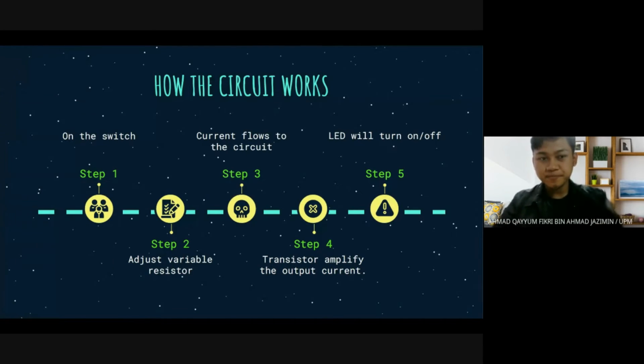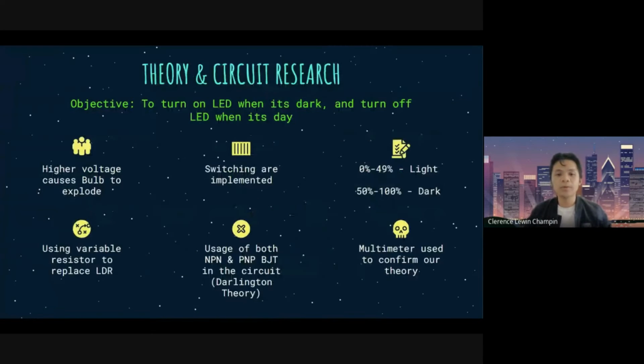Before we implemented our circuit, we did some research and also confirmed our own theory. The main objective is to switch on the LED when it's dark and switch it off when it's day. The first theory we can confirm is that high voltage causes a bulb to explode.